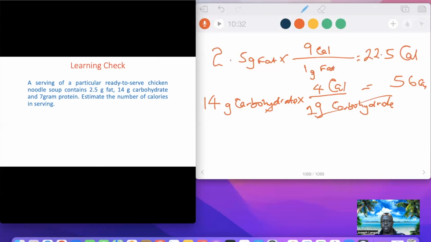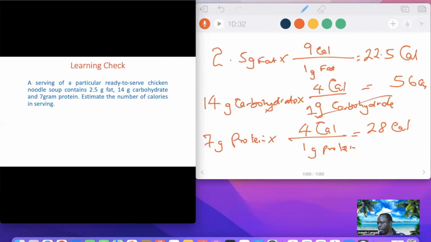And lastly, 7 grams of protein times the conversion factor, 4 calories for every 1 gram of protein, will be 28.